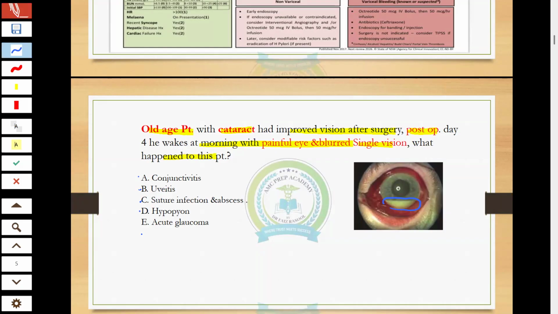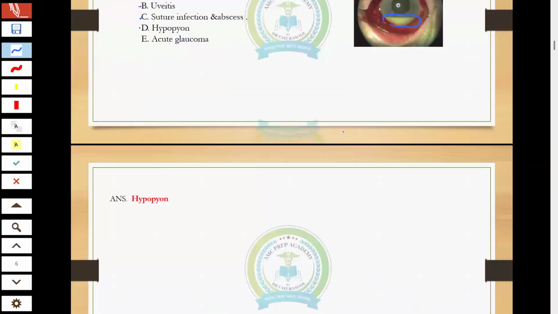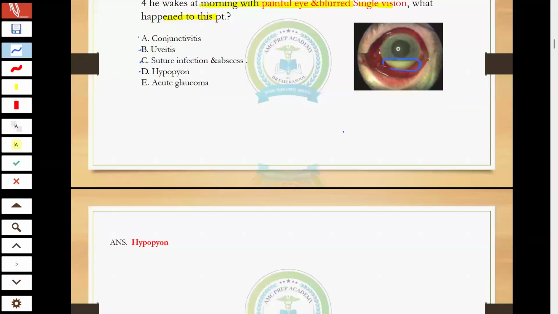So the important point, the key point: post-op and patient with cataract history, improved vision after surgery. In the first line, all the key points for your diagnosis. So cataract patient, after surgery, post-op, presenting with painful eye and blurred vision, the diagnosis is hypopyon, and maybe hyphema.